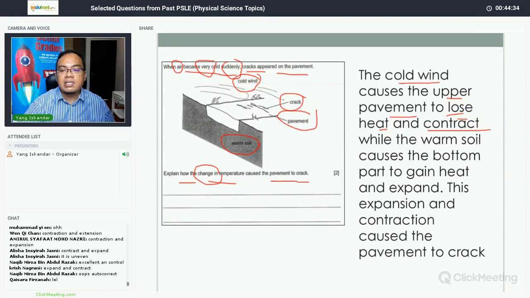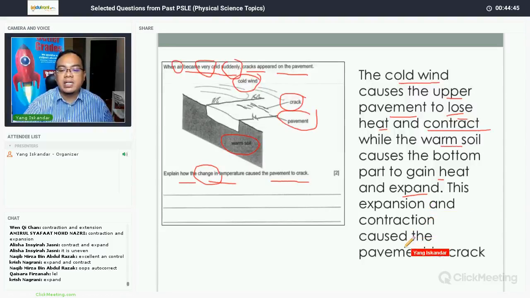So when heat is lost, it contracts, while the warm soil at the bottom causes the bottom part to gain heat and expand. So this expansion and contraction cause the pavement to crack. Now, of course, this may not happen over just a few minutes.